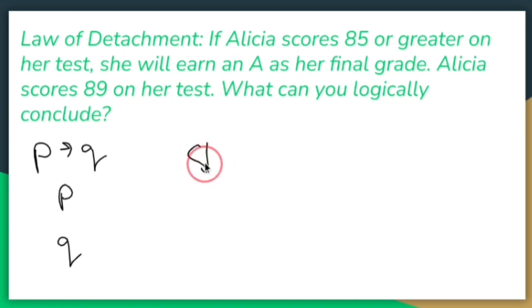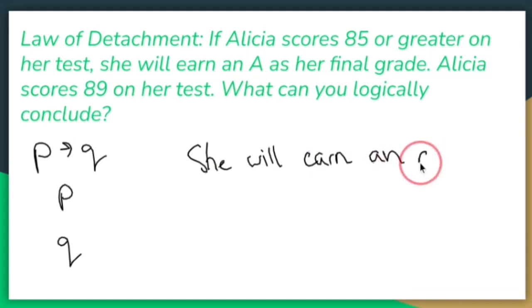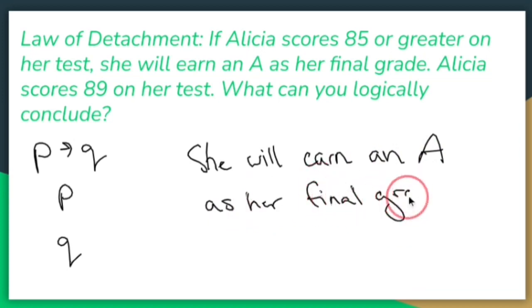She will earn an A, make it a big A, as her final grade. So law of detachment, kind of stupid. That's why this is called Gross Geometry, because Gross Geometry is kind of stupid, but, you know, logical.